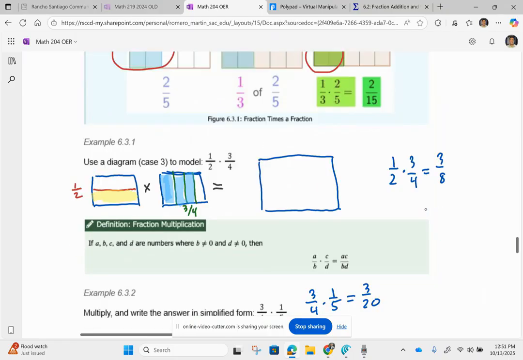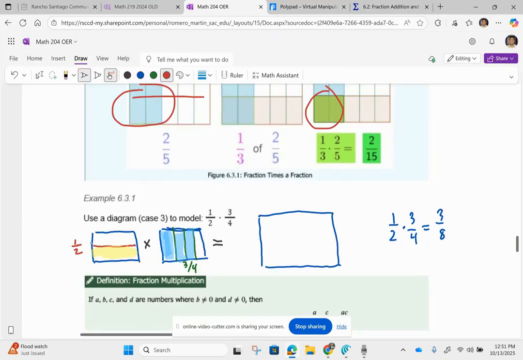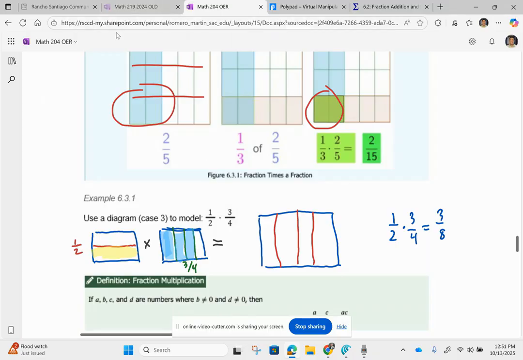So looking at the examples, we can take a look at using a diagram. There's the half. There's the 3/4. I want to take half of 3/4. Half of 3/4. So let's do it so you can visualize it. My writing's not that good, but there's the 3/4 you could see in blue there.